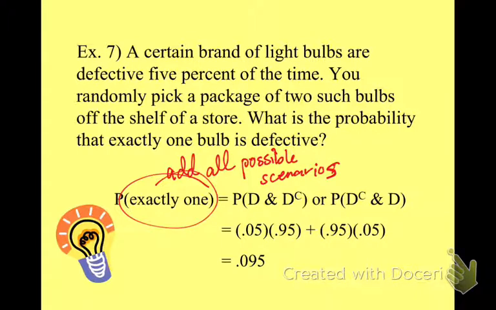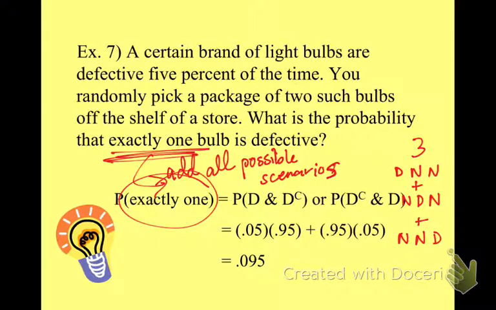If there were three light bulbs that I were choosing from, you have defective, not defective, not defective, plus not defective, defective, not defective, plus N, N and D. So you would be adding 3 scenarios together. And if you had 4, then you would do that as well. You would just keep adding. So when it says exactly 1, you're going to add all of the possible scenarios together.